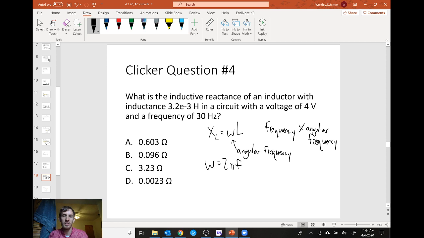So when you hear about AC circuits, they'll report the frequency, because it's easy to say this occurs 30 times a second. In this case, the current goes through 30 total oscillations and reaches the maximum value 30 times a second. But as far as math is concerned, we have to convert it to use it in these equations.